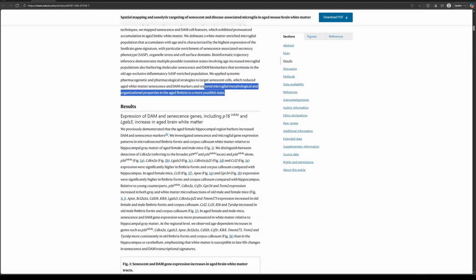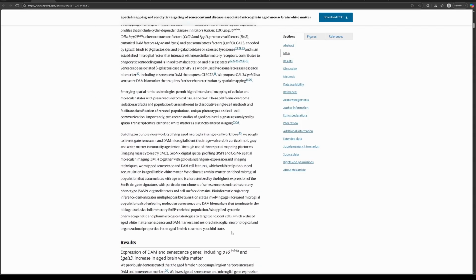So they were capable of going in and using specific strategies that they've used before to target these microglial senescent cells and the other cell fates which are caused by the microglia, and reduced the specific markers and biomarkers they found in the study and restored properties in the fimbria to before this senescent state.